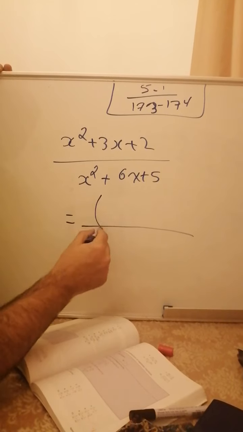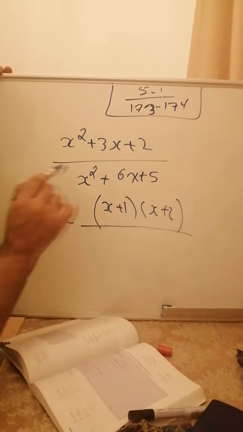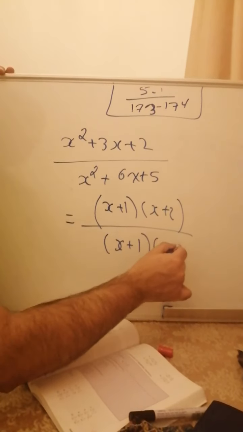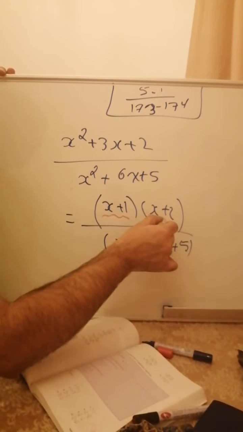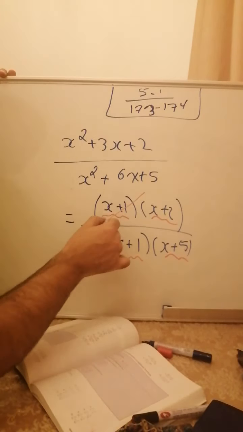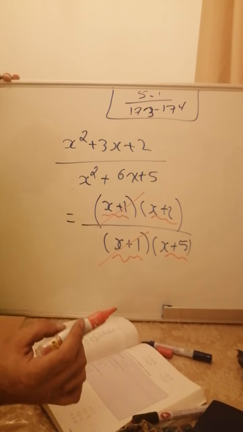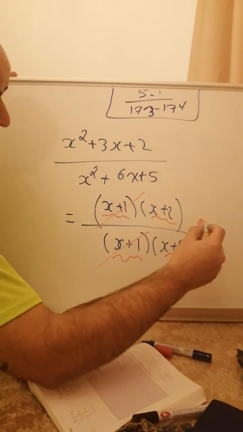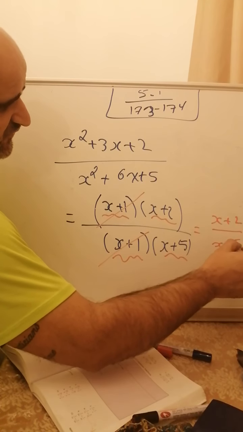Here, it's a product. That would be x plus 1 into x plus 2 out of x plus 1 into x plus 5. Now, I have 2 factors. This is a factor, and that's another factor. It's easy for me now to simplify because it's a product, not addition now. Addition is inside the factor. So the final answer would be x plus 2 out of x plus 5.